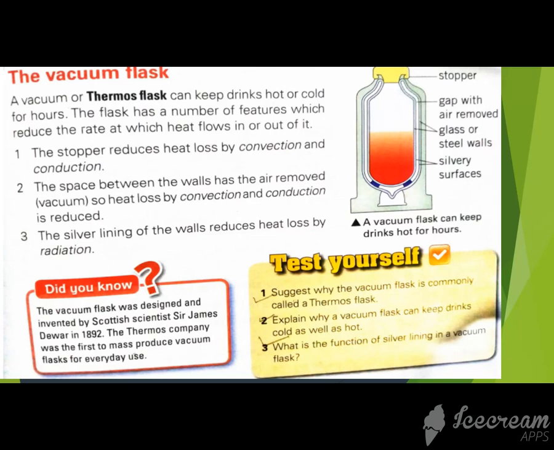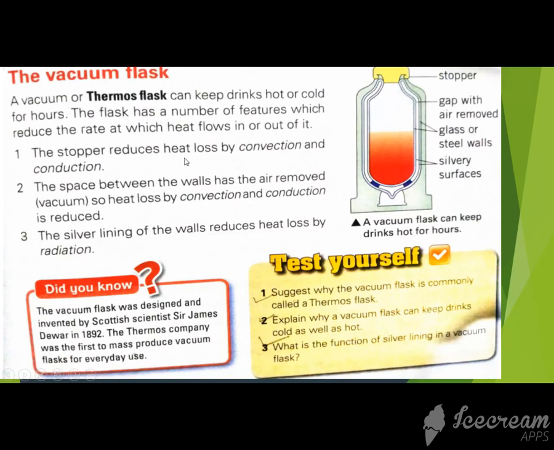The flask has a number of features which reduce the rate at which heat flows in or out of it. That is, it has such a composition, such a structure, so that it cannot allow heat energy to pass inside or to go outside. So what are these things? Number 1 is the stopper, which is basically a cap of this thermos flask.